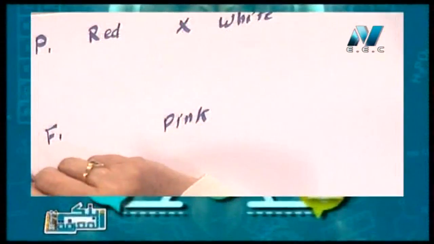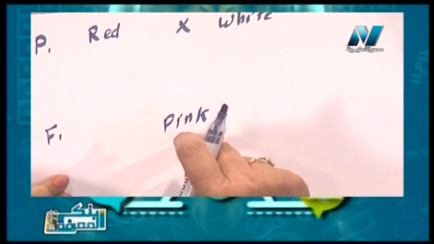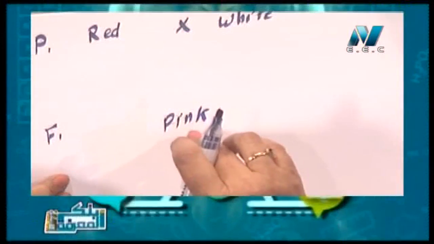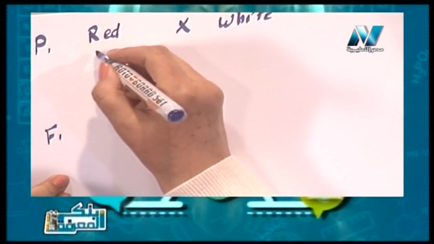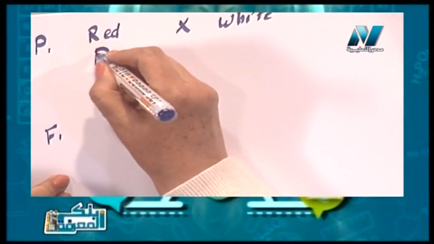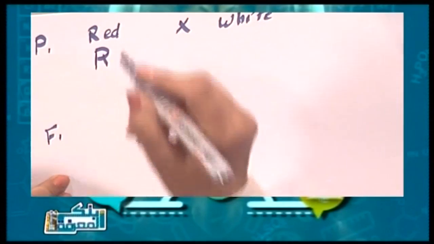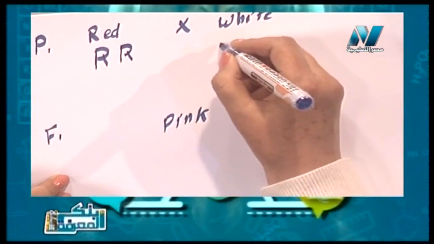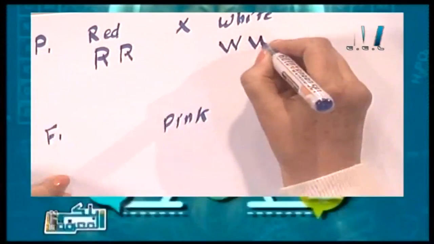In the first generation, the pink color gathered both genes, so each gene has its influence to produce the character. This is why no one dominates over the other. So we use the letter of each one, and since each character is represented by one pair of genes, we have to put two letters: capital R and capital W.